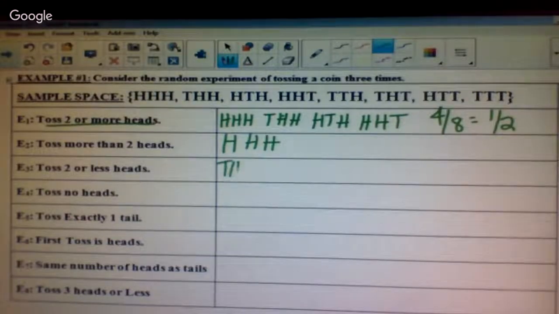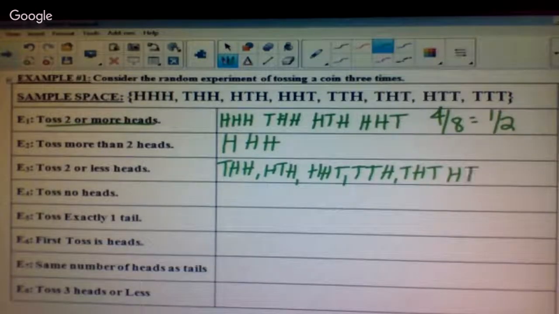THH, HTH, everything but the triple H. HHT, THT, HTT, and TTT. What about TTT? It's 2 or less. It has no heads in it, so that's less than 2. Tossing no heads, TTT is the only one that falls into that category.